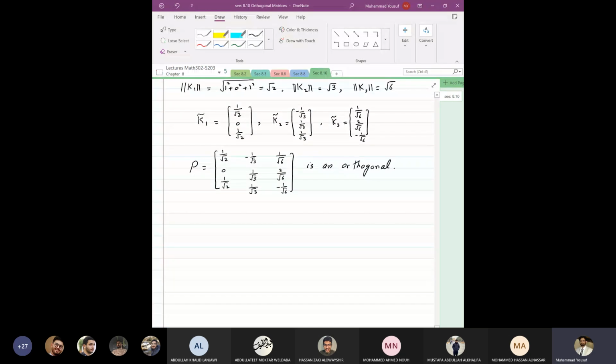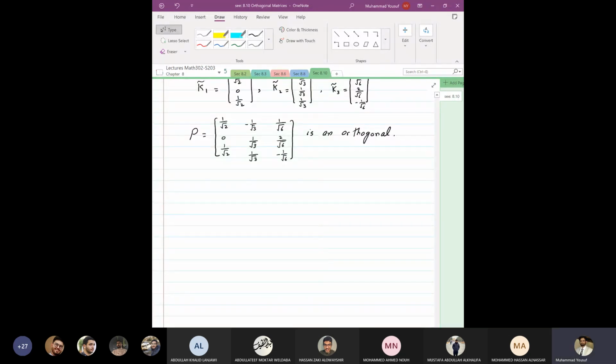Now the given matrix should be symmetric, because then we have for sure that the eigenvalues are real and the eigenvectors corresponding to distinct eigenvalues are orthogonal.